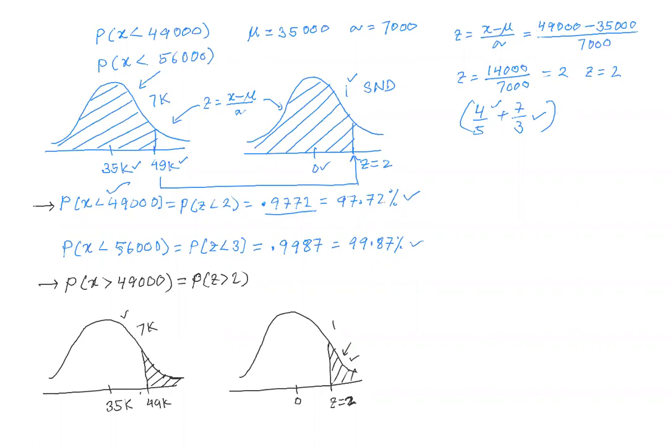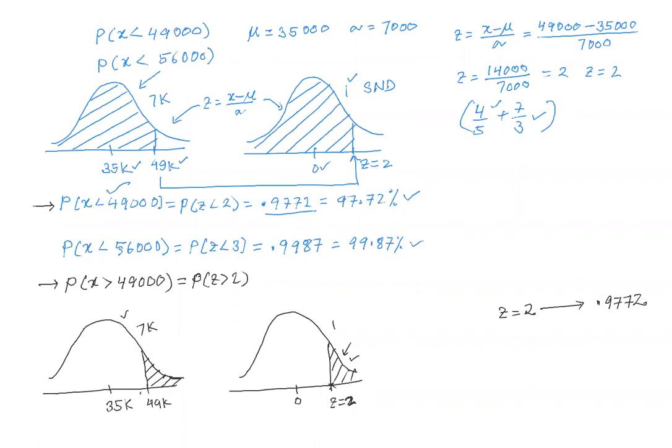But if you look it up on the z-scores table, for z is equal to 2, the value you're gonna get is 0.9772.